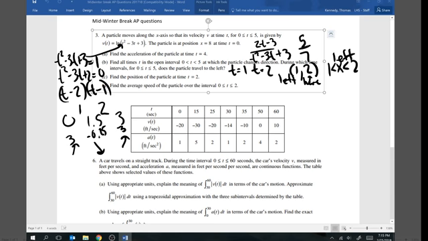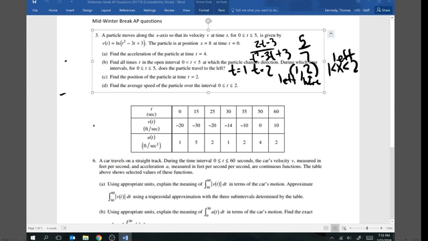Find the position of the particle at time t equals 2. I'm not going to whip out the calculator here, but I am going to show the integral I used to get this. I'm going to wipe out all the garbage over on this side.